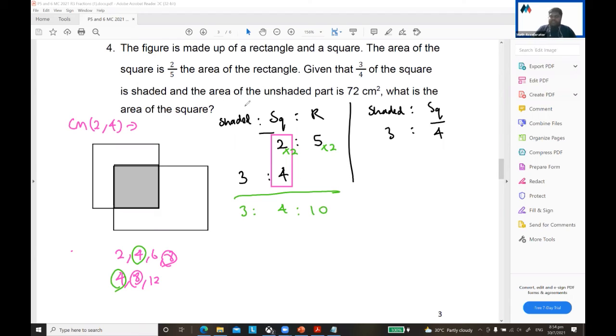Okay, now look at the question. Given that the area of the unshaded part is 72 cm, means this part here and this part here. So how are you going to find the part? Okay, so now look at the rectangle, right? Rectangle total is, focus on the rectangle first, guys.